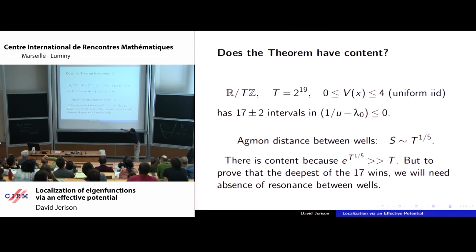But we don't prove that the deepest well actually wins, which is what a more sophisticated theorem would do. In order to do that, we will need an extra hypothesis because it's false in general with the hypotheses we have. You also need to know that the wells are different. If they were all the same, they would share energy and you would have resonance. So there has to be another hypothesis.